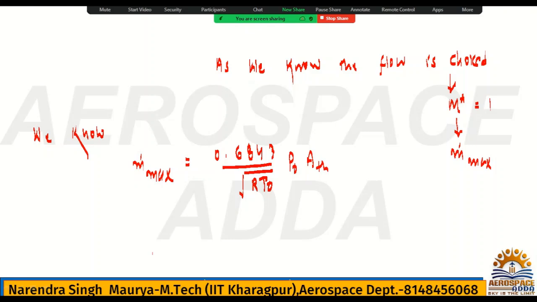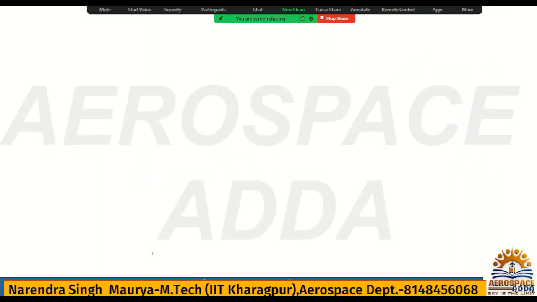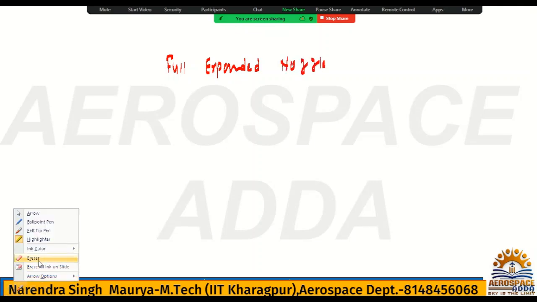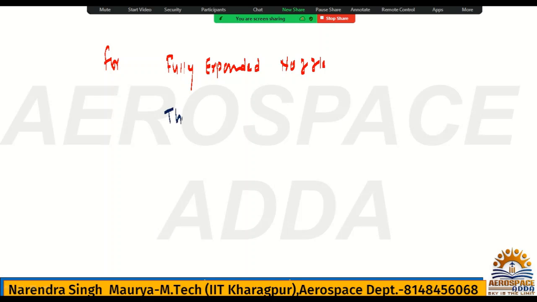First you calculate the mass flow rate. How can you get this? Because the nozzle is fully expanded, the thrust will be mass flow rate into exit velocity, and the pressure term will not be there because it is fully expanded, so that value will be 0.